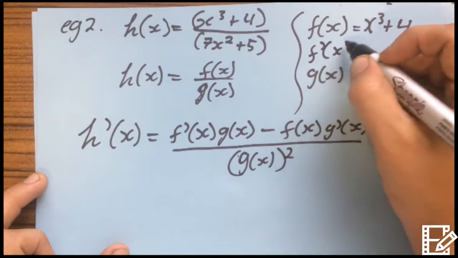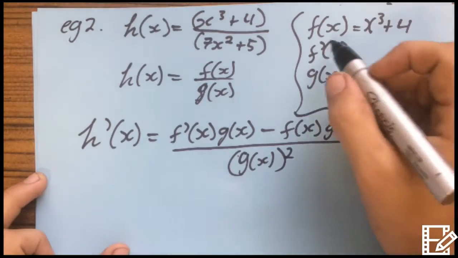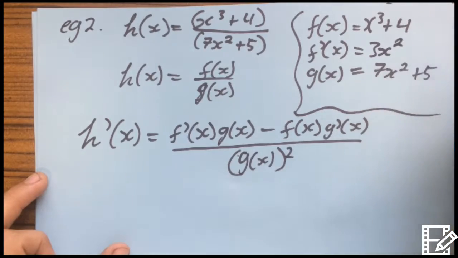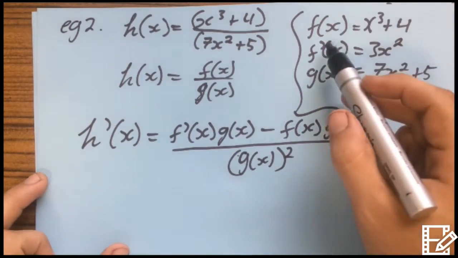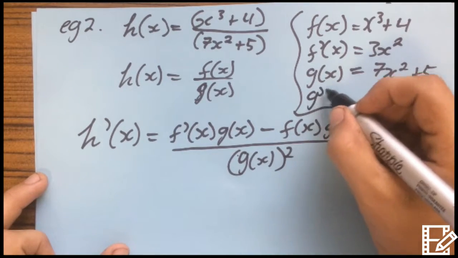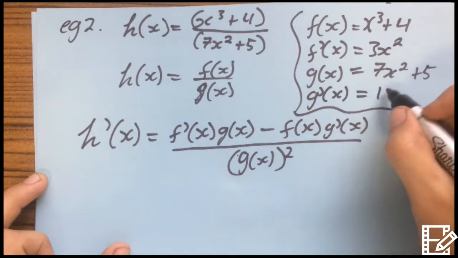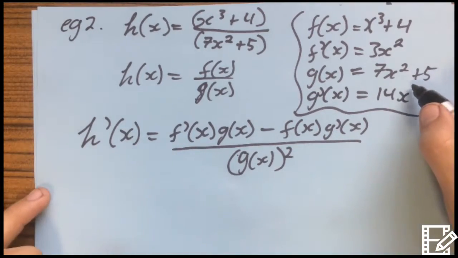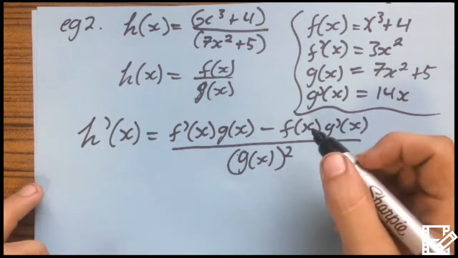Yet again, up here, in our little sectioned off bit, we'll bring the 3 down and make it 3x squared, and you cancel the 4. So the derivative of f(x) is 3x squared, and the derivative of g(x) is just 14x, and that's it. All to the power of 1, but I'm going to leave it off.